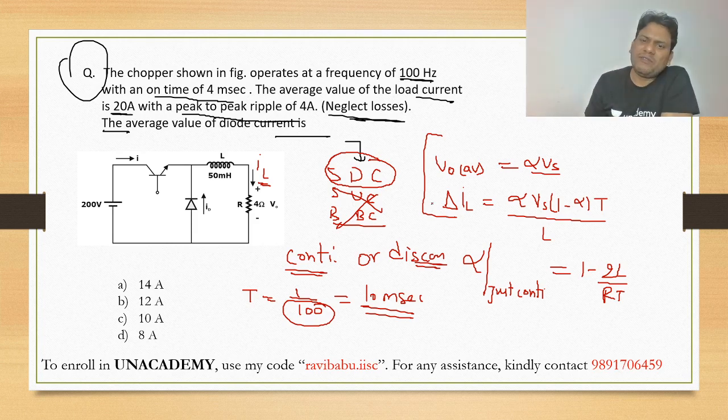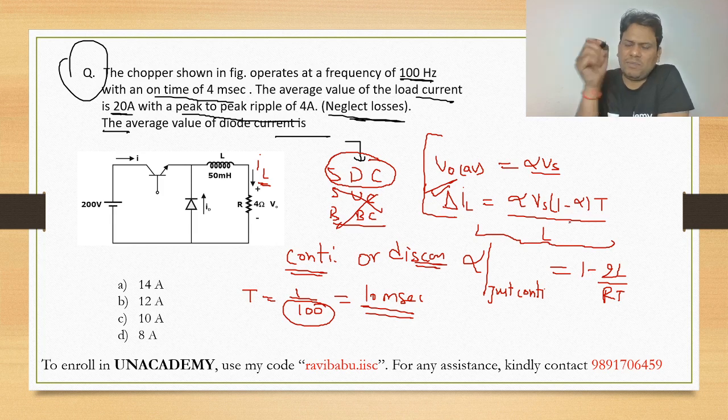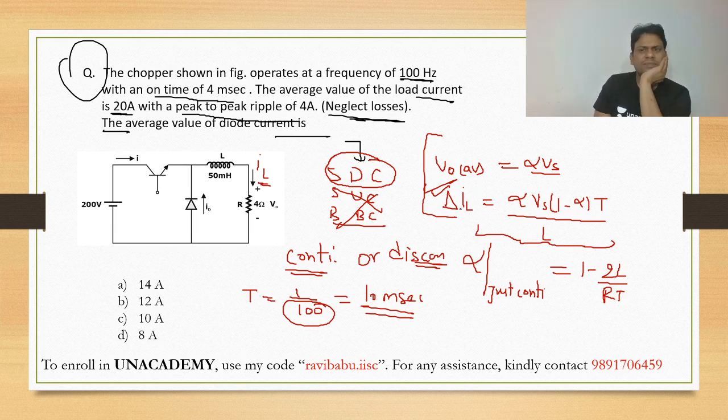Please mind it, my dear friend, this formula written here is valid for high frequency because it is an approximate formula of ripple. To write down this formula of ripple, we assume that the current IL is almost linear. But it is not necessarily linear.